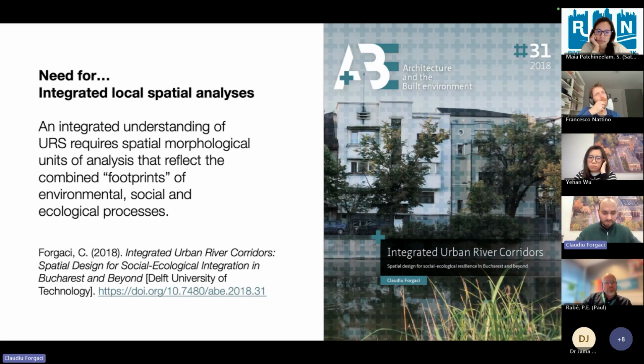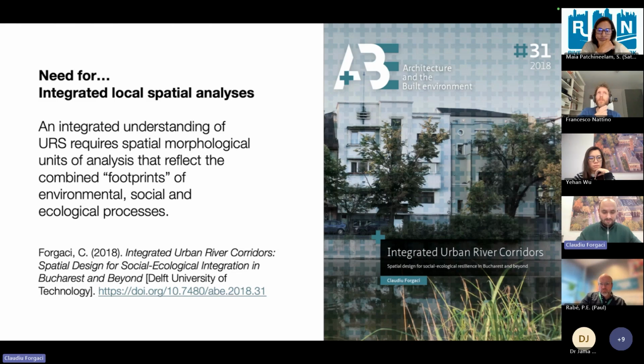So what we found in our research is that an integrated understanding of urban river spaces requires spatial morphological units of analysis that reflect the combined footprints of environmental, social, and ecological processes. So some sort of a neutral boundary of morphological kind that can be used to integrate different layers and across domains of application.